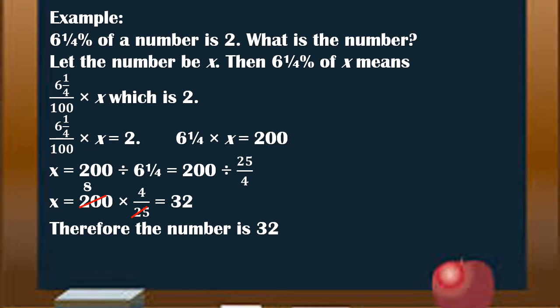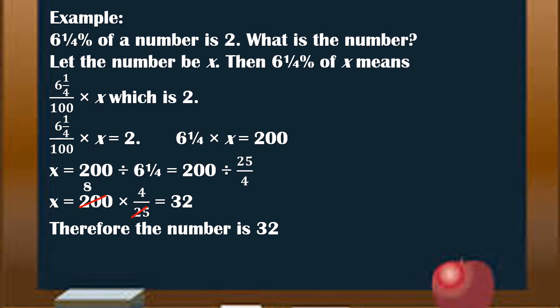So we will take this 100 to the RHS. So 6 1/4 into x equals 200, or x equals 200 divided by 6 1/4. When you convert into an improper fraction, 6 fours are 24, 24 plus 1, 25 by 4.